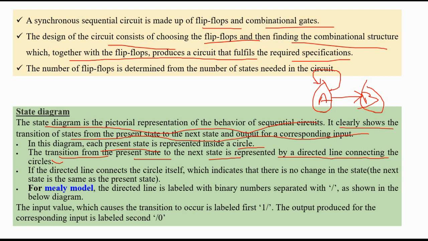For the Mealy model, the directed line is labeled with binary numbers, but in the case of the Moore model it is different, and you need to identify that difference.